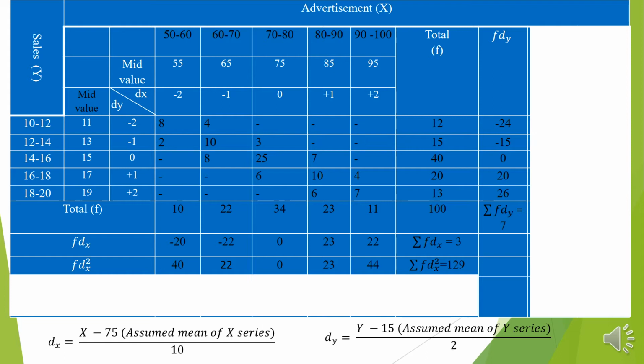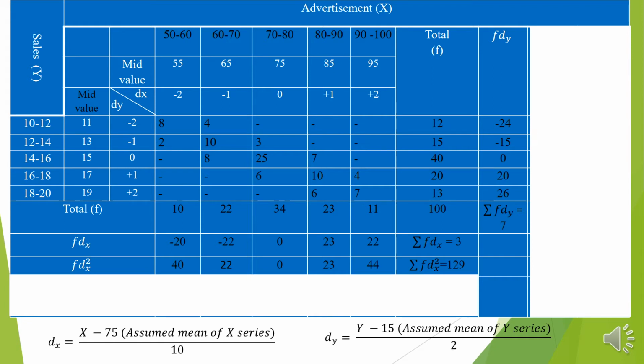Okay, now let us calculate. After doing this, see, for example, f dx, we got the sum of this. So I've added them, 23 plus 22 is equal to 45, minus 22 minus 20, the answer is plus 3.